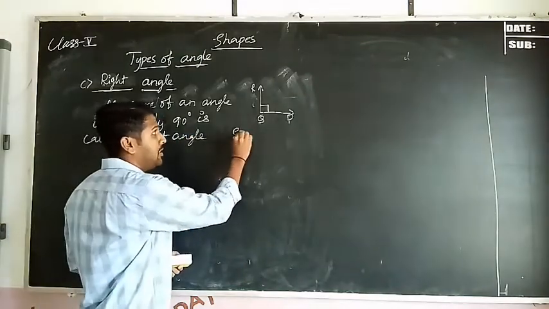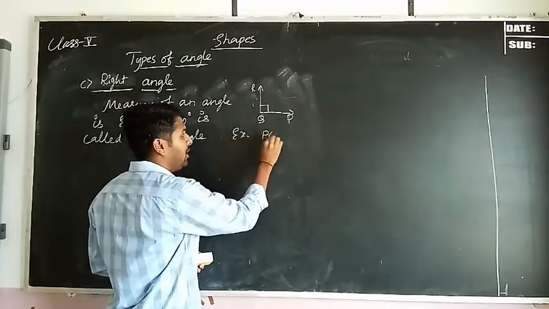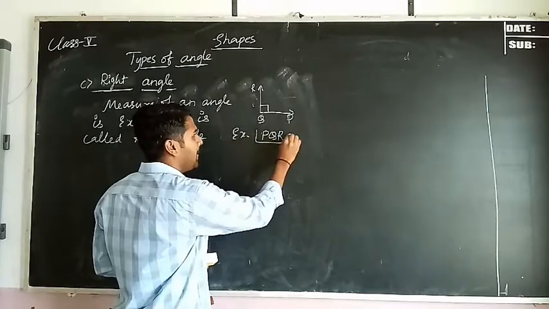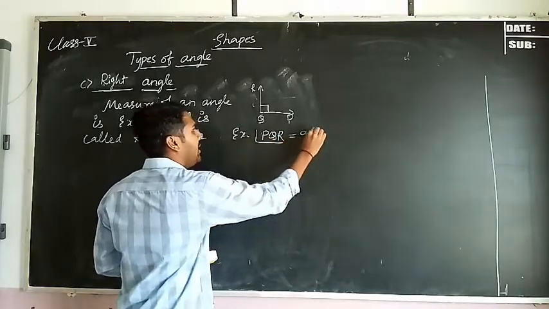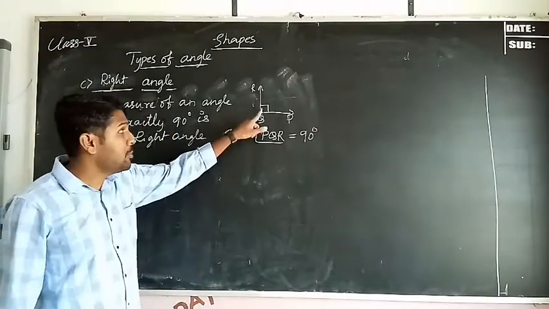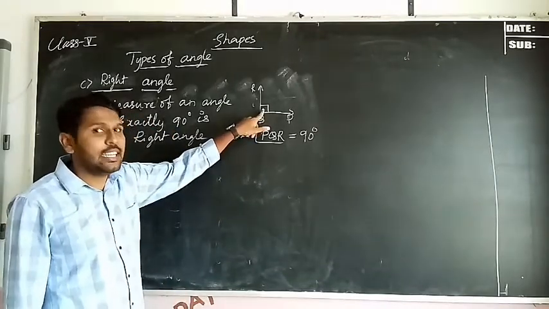So example, take P, Q, R angle, that is 90 degree. This is the symbol for 90 degree, that is right angle.